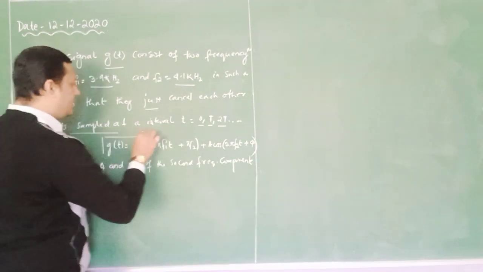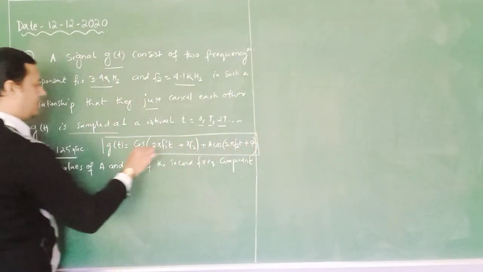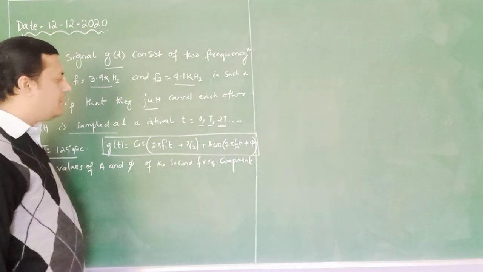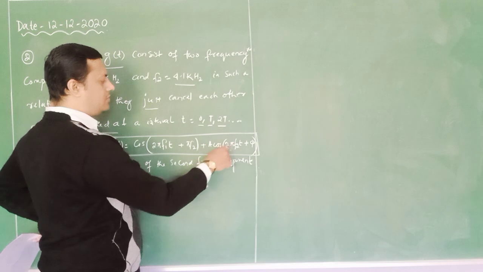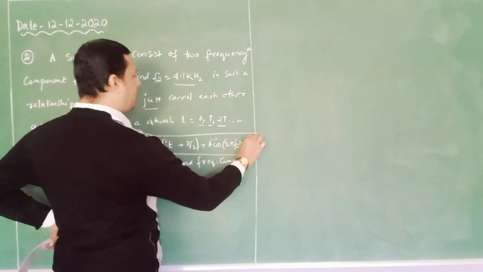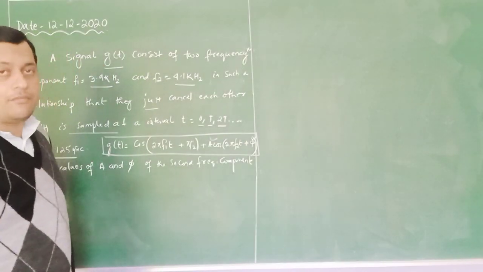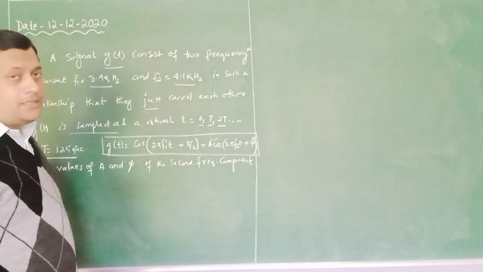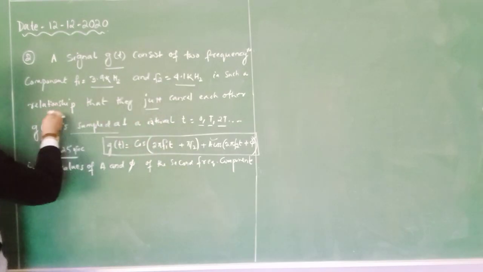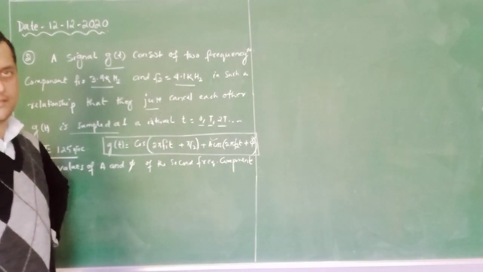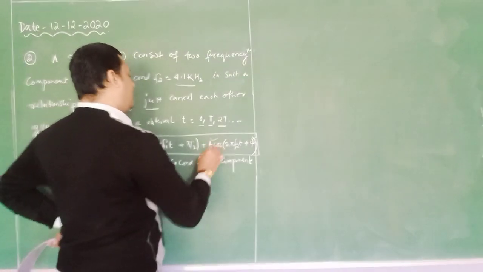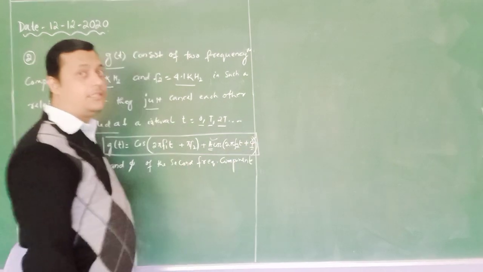Here the unknown components are A and phi, which we have to identify. After sampling, the resultant must be equal to 0, as the hint is given.